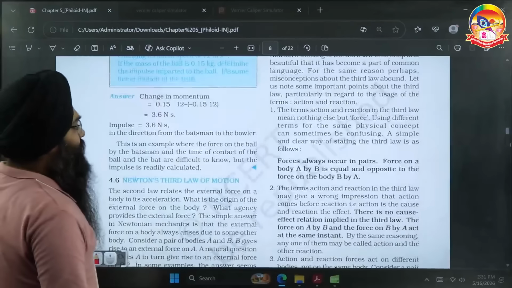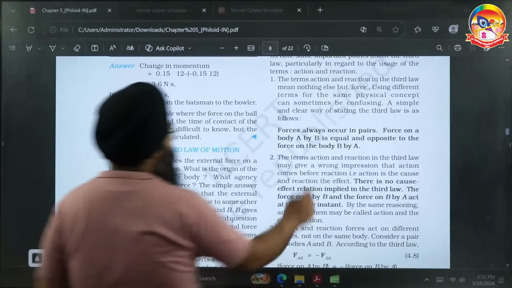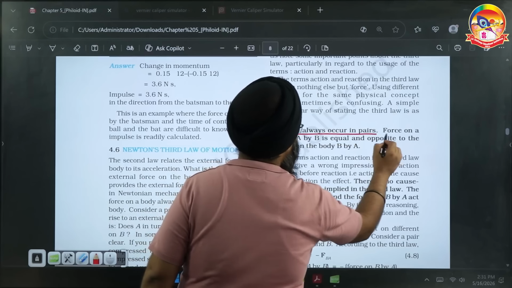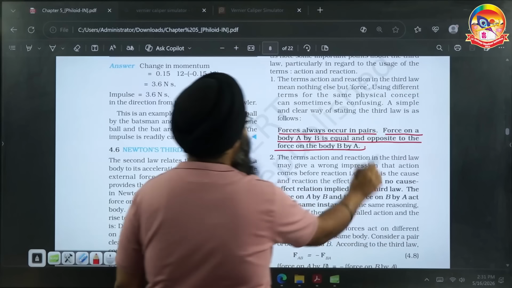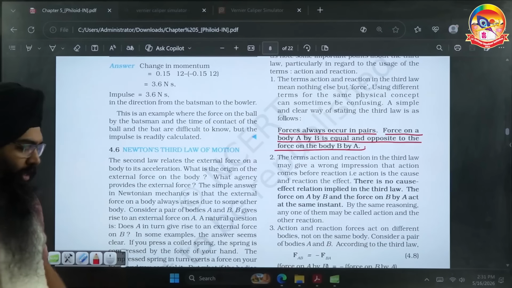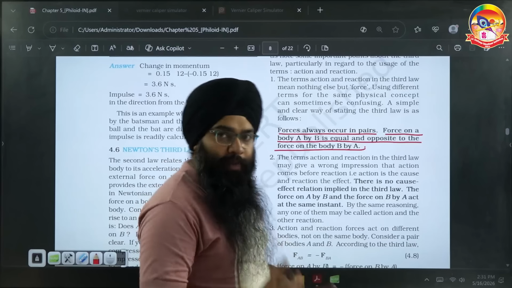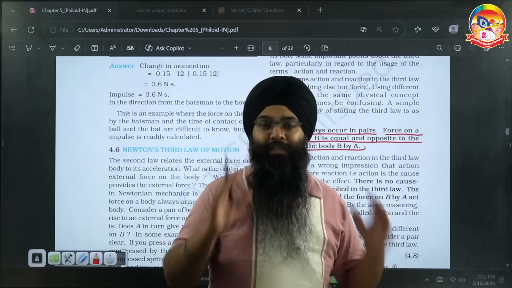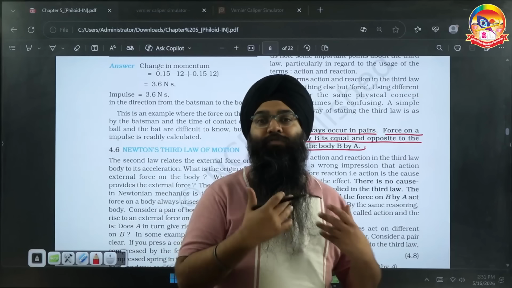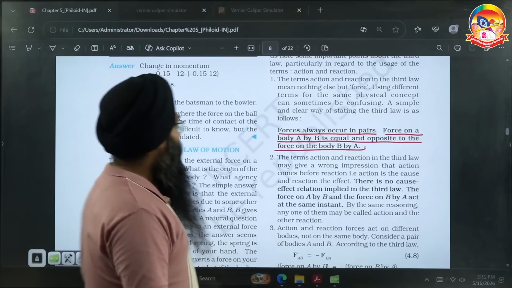So let's move forward. And here also let me write one statement, that forces always occur in pairs. Force on a body A by B is equal and opposite to the force on the body B by A. This I already told you, that it will always be occurring in pairs, it will always be acting on different bodies, it will be simultaneous, it will be instantaneous, it will be of the same nature, and it will be equal and opposite in nature.